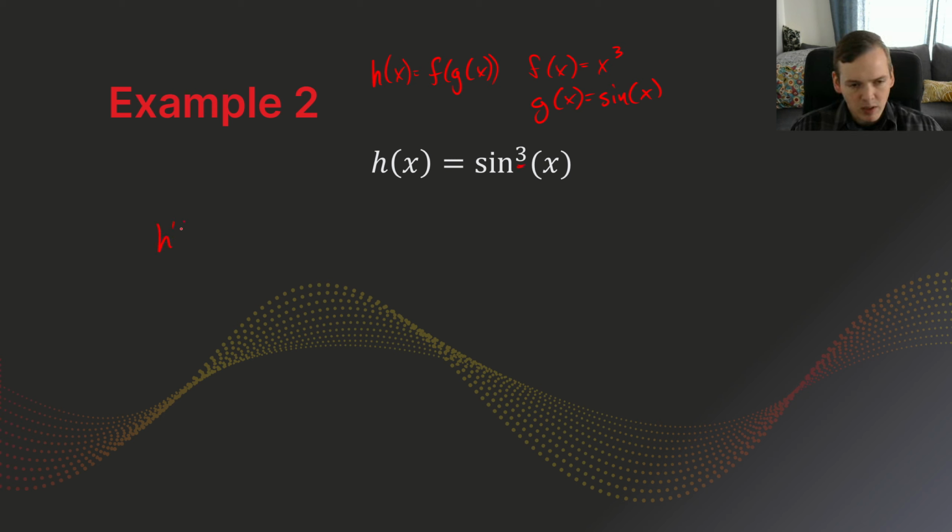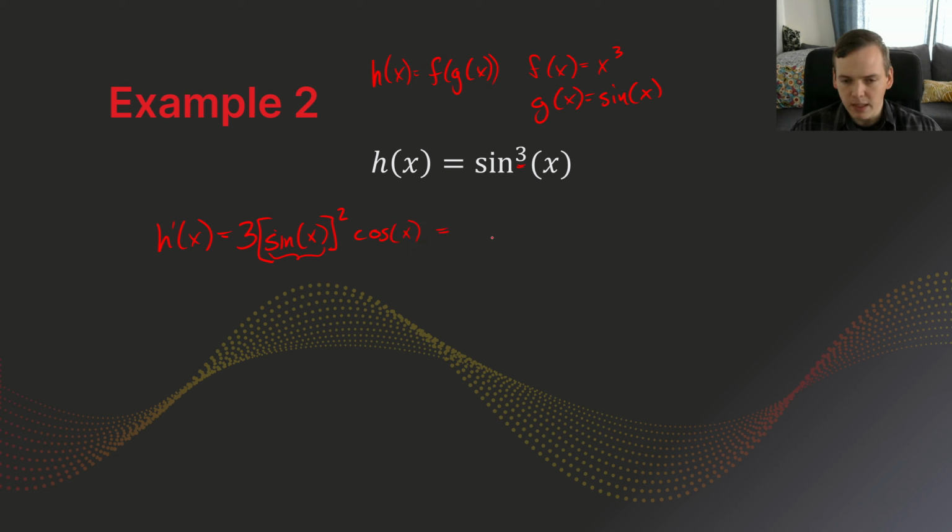So h prime of x will equal, well, first we deal with that cubed bit, so 3 times the sine of x squared. Again, that's dealing with this outer function of the x cubed, or the sine cubed. Then we do the derivative of this inner piece, which is going to be cosine of x.